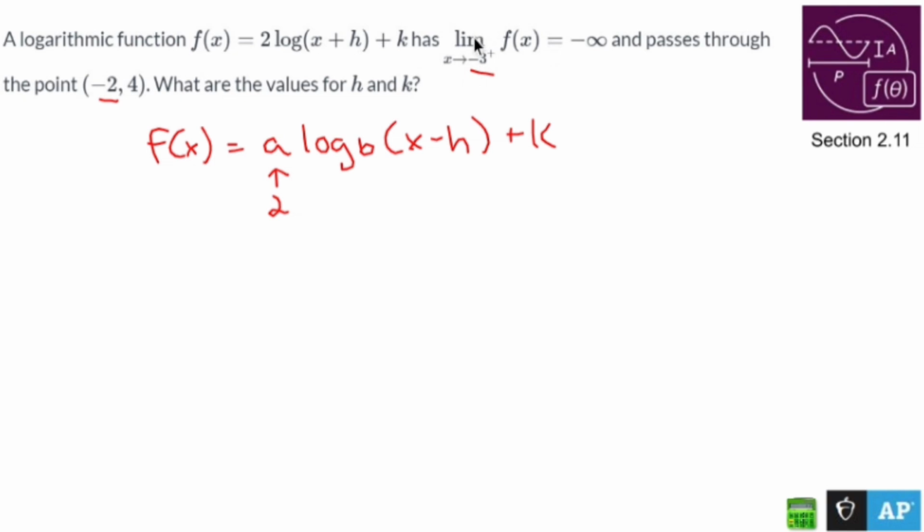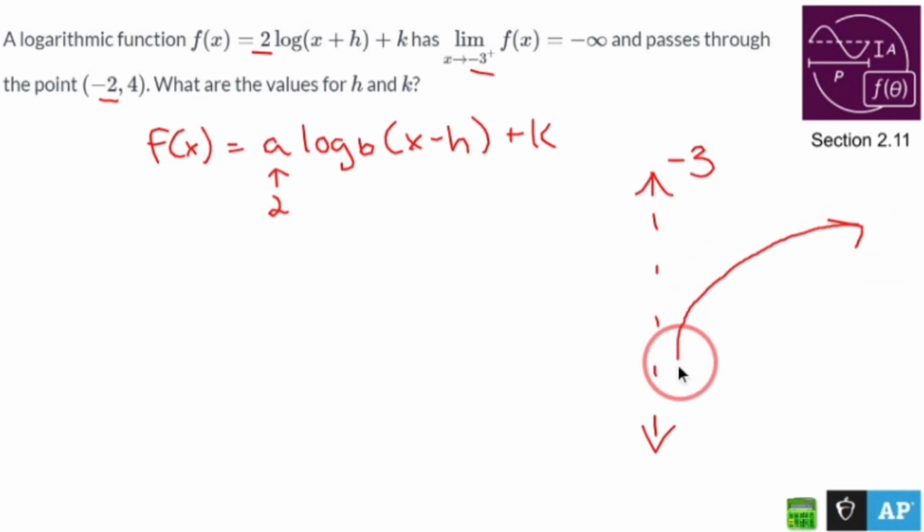Okay, if the limit as x approaches -3 from the right is negative infinity, and a is positive, that tells me when graphed, I'm going to have a vertical asymptote at -3 because the picture is going to go like that.